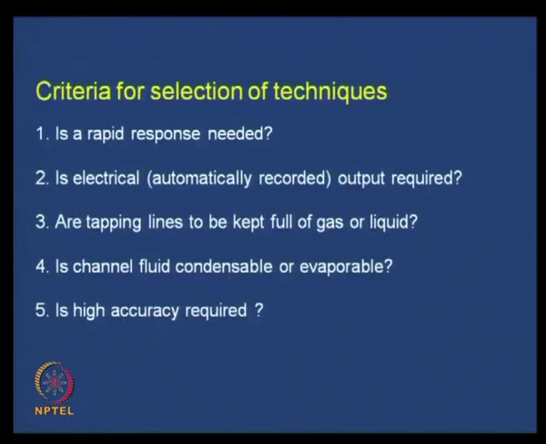What is the next thing? Whether the tapping lines have to be kept full of gas or the liquid. Now, you have already understood it is better to have tapping lines full of liquid and also to have a liquid purging system. But at the same time remember, for more accurate measurements, gas filled lines are better if the line content is completely unambiguous, very important, because gas filled lines with unambiguous line content is something very rare.